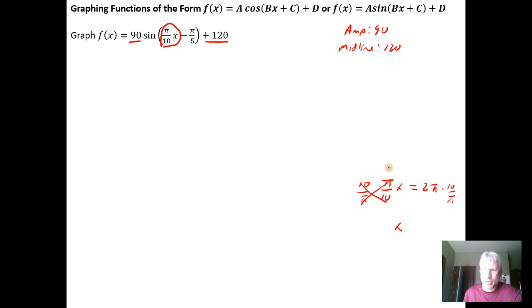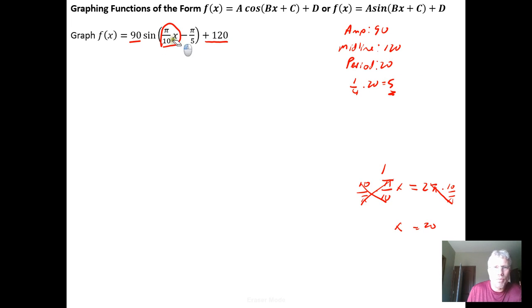When we take the product of reciprocals, we get a 1. So 1 times x is x, equals 2 pi times 10 over pi; pi divided by pi is 1, so we get 2 times 10, which is 20. So the period of the function is going to be 20, which means the distance between tick marks, when we break it up into 4 even pieces, is going to be a fourth of 20, which is just 5. That will be the distance between tick marks.